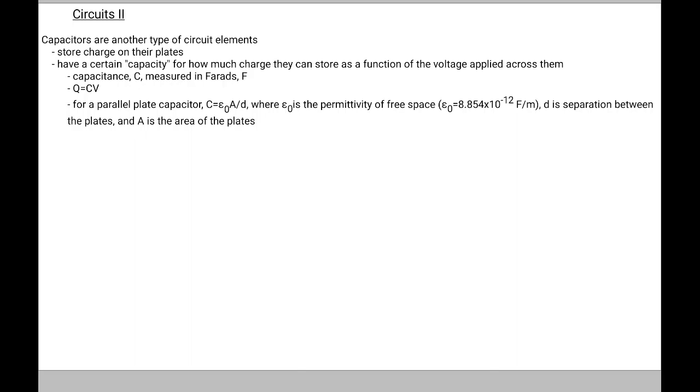So there are different shapes of capacitors. One of them is a parallel plate capacitor, so it's just what I drew before. It looks something like this. And the capacitance of a parallel plate capacitor is epsilon naught A over D, where epsilon naught is the permittivity of free space, 8.854 times 10 to the negative 12 farads per meter.